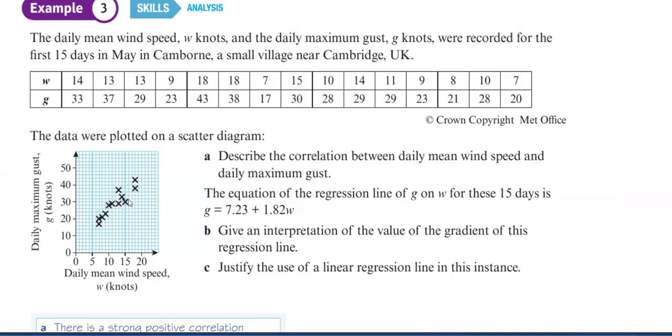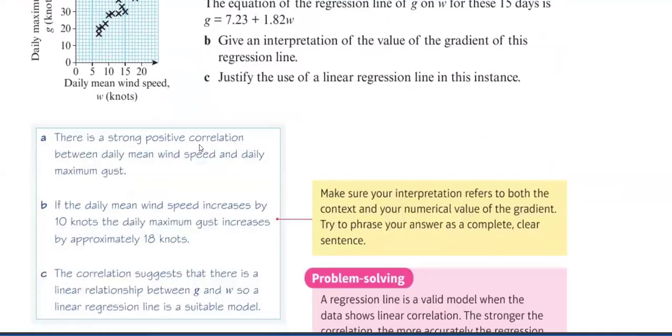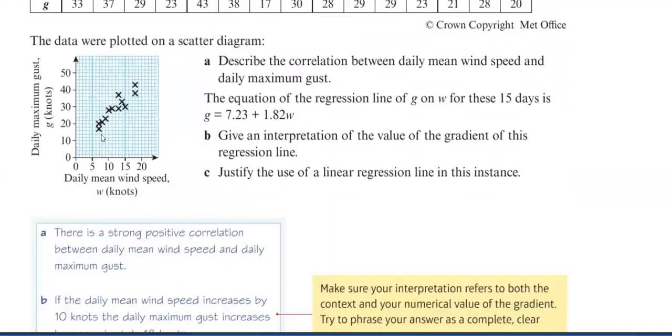We can mark points like this, then we get this type of relationship. We can assume this is positively correlated. Describe the correlation between daily mean wind speed and daily maximum gust. Okay, it is positive correlation. Also, we can see this is clearly positive, therefore strong positive.